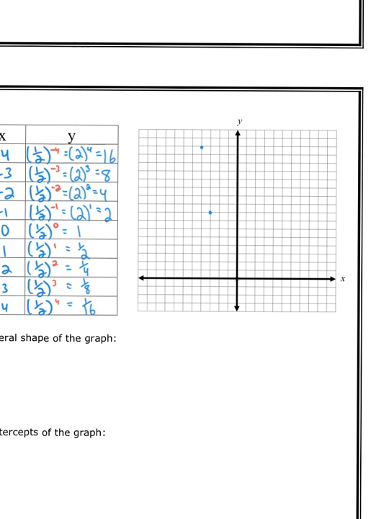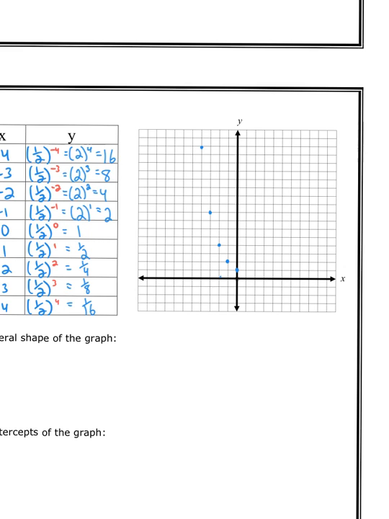So now I can plot these points. So the first point is at -4, positive 16. And then -3, positive 8. And then -2, positive 4. And then -1, positive 2. And then 0, 1.